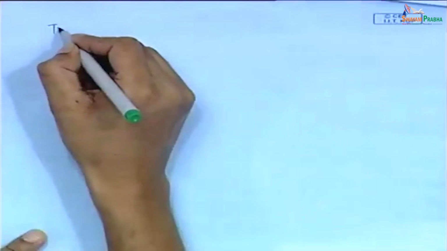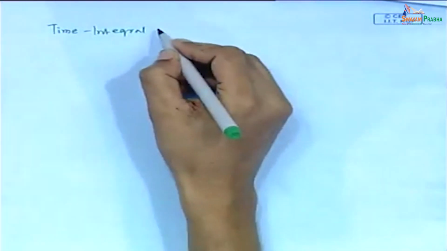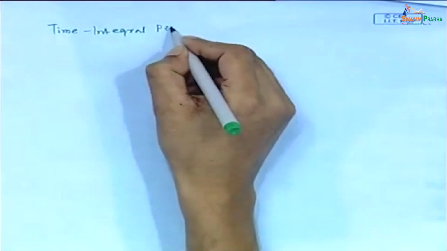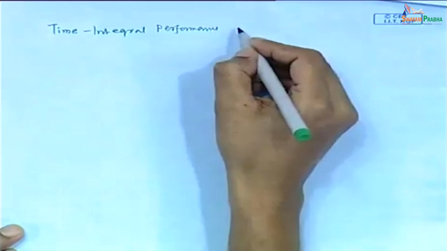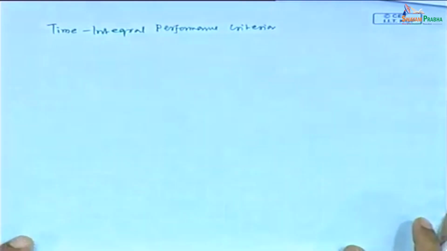So, in that way the time integral performance criteria is considered for tuning the control parameters. So, we will consider the time integral performance criteria, which takes into account the response throughout the period.